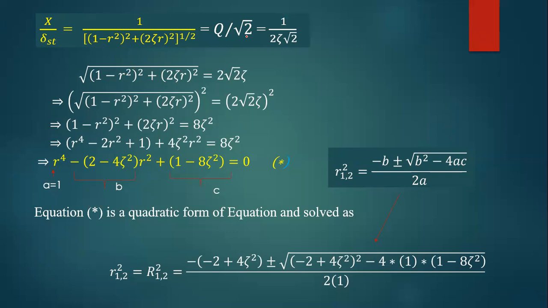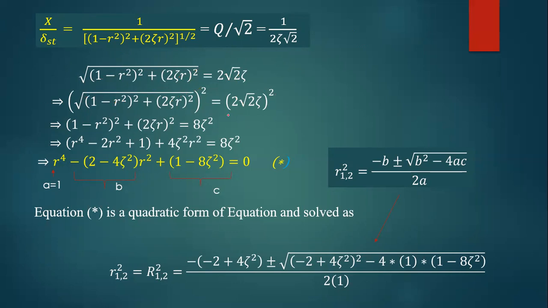Again, from the half power point, we have 1 over 2 zeta radical 2. So we equated two different equations. Now, equating this term with this term, we get the radical of (1 minus r squared) the whole squared plus (2 zeta r) squared, which is equal to 2 radical 2 zeta.